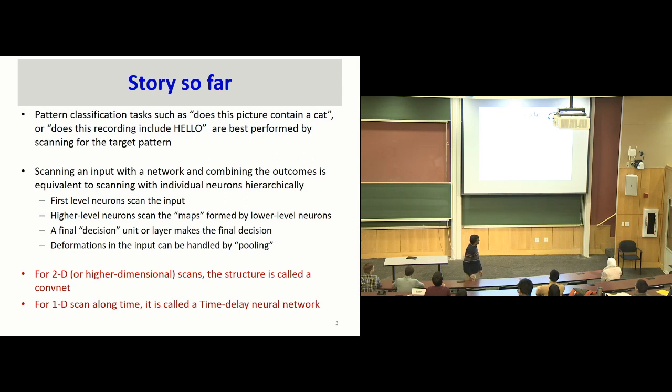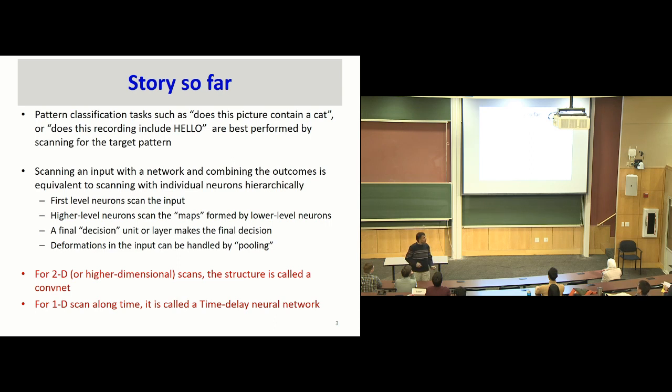We've seen that pattern classification tasks, such as does this picture contain a cat, can be done by scanning for the target pattern. So this gives you shift invariance. Now, scanning an input with a network and combining the outcomes is equivalent to scanning with individual neurons hierarchically.